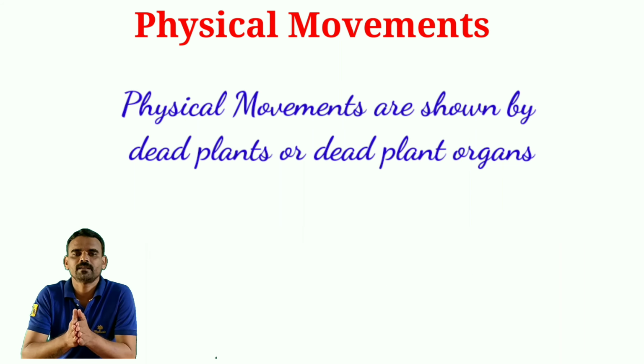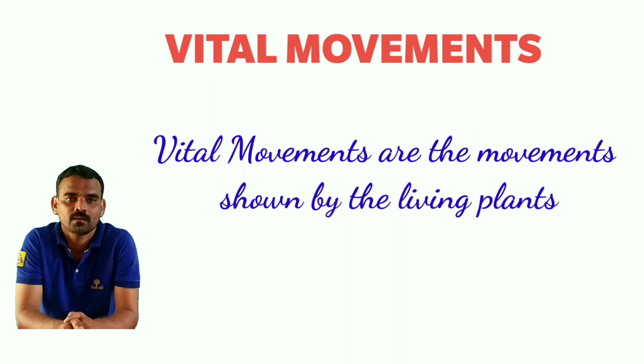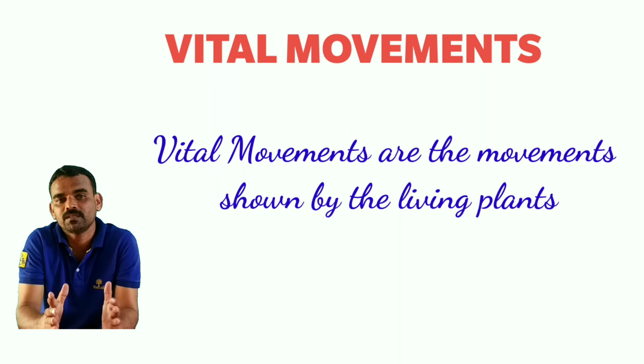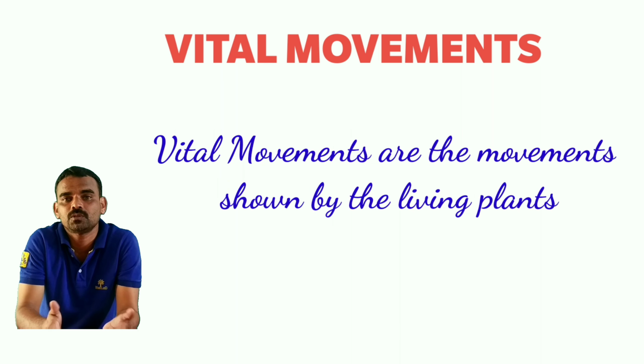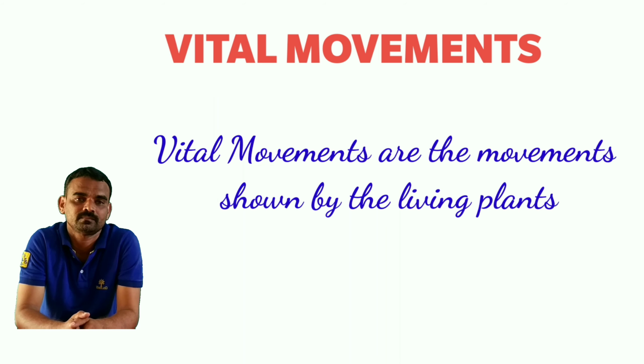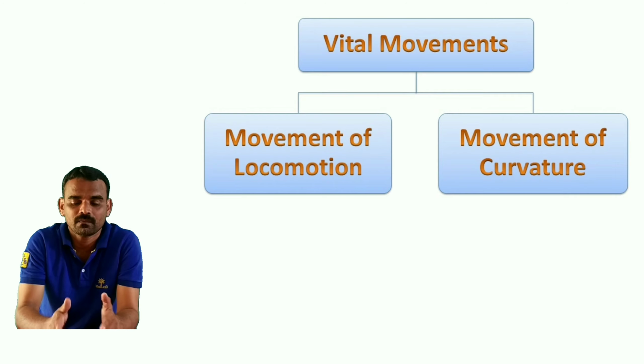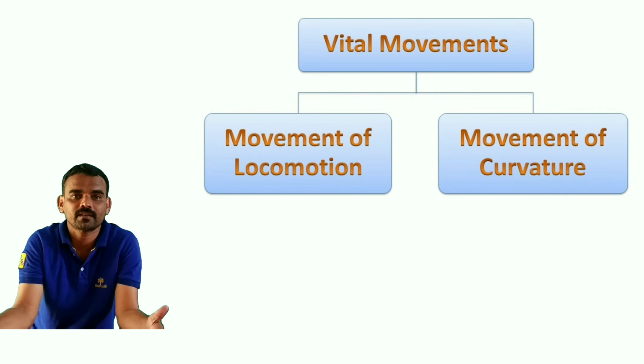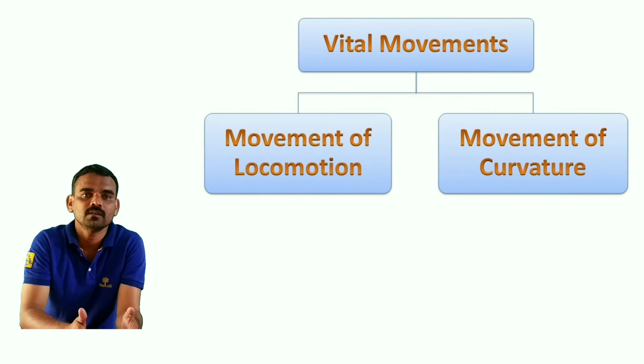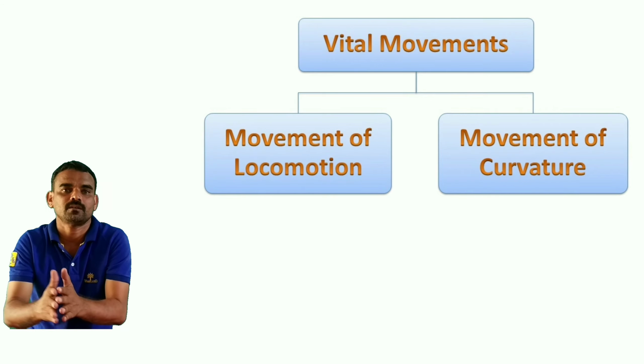Another type is the vital movements. Vital movements are the movements shown by living tissue or living plants. These vital movements are further divided into two main types: movement of locomotion and movement of curvature.